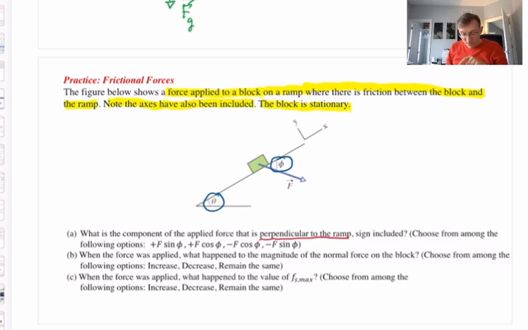When that applied force F was applied, what happened to the magnitude of Fs max? Did it increase, decrease, or remain the same? Okay? When that applied force was applied, what happened to the magnitude of Fs max? Did it increase, decrease, or remain the same?